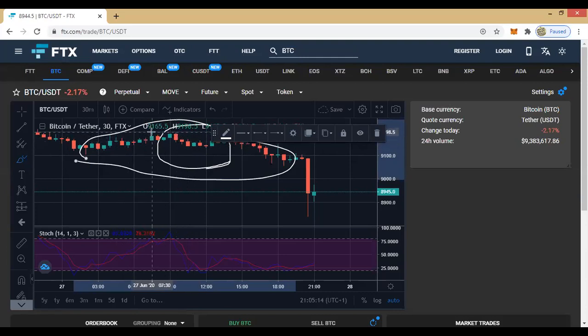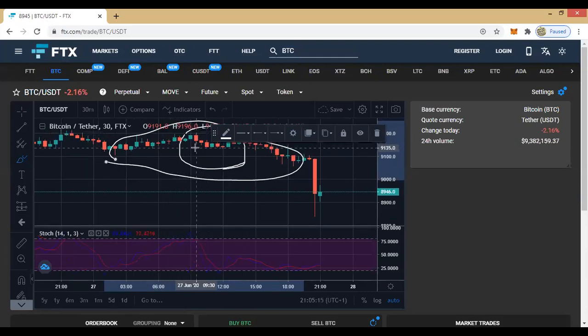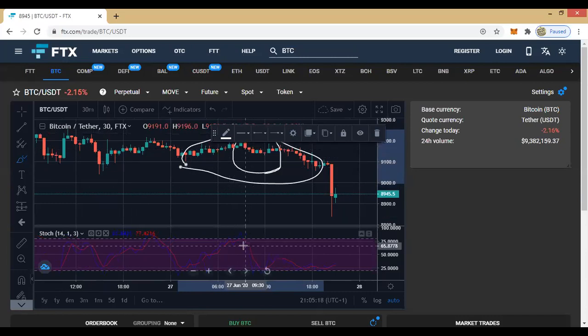The market structure generally shows that this is a bearish market. Starting from this point, you can see that the price actually changed.